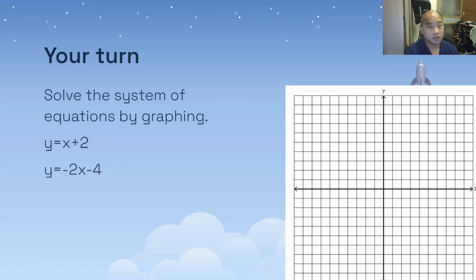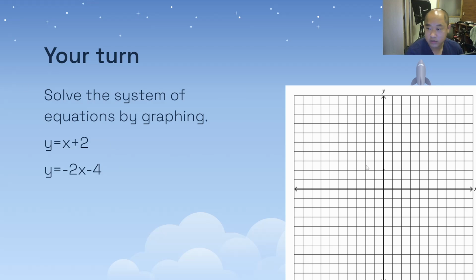Your turn. Solve this system of equations by graphing. So you're going to have to graph in your own notebook and then put in an answer. So here we have an intercept of 2 and then a slope of 1.